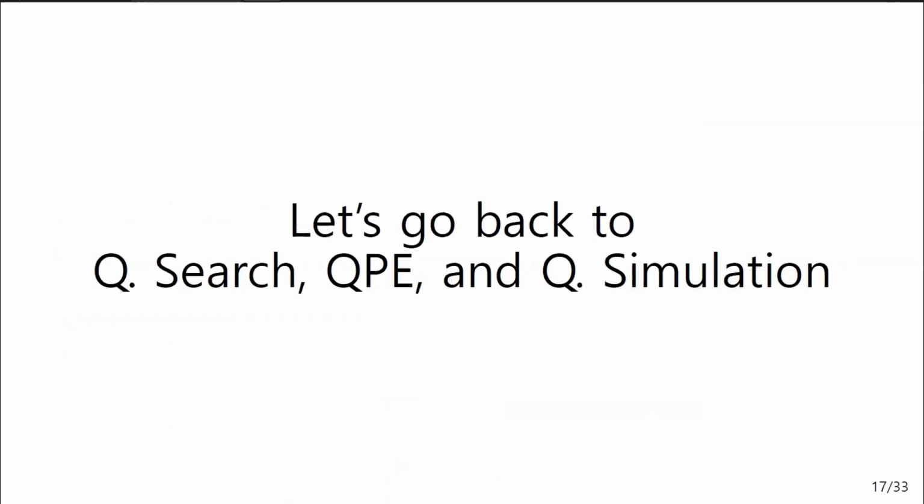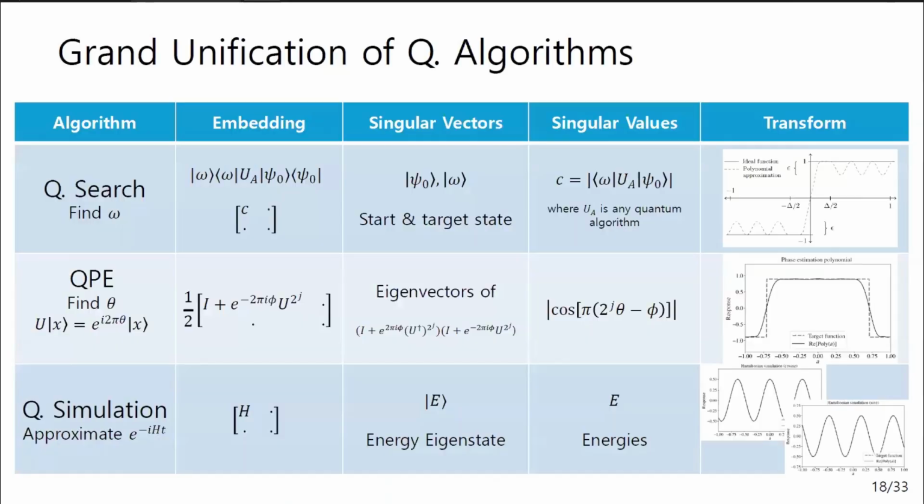Okay. So then let's go back to quantum searching, QPE, and quantum simulation. There are three algorithms like this, and let's look at quantum search first. Psi 0 is our initial state, and omega is our target state. And U_A is an arbitrary quantum circuit.